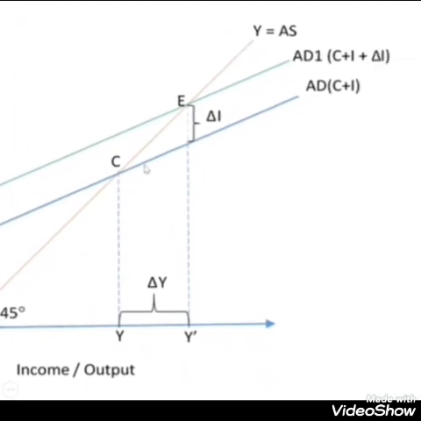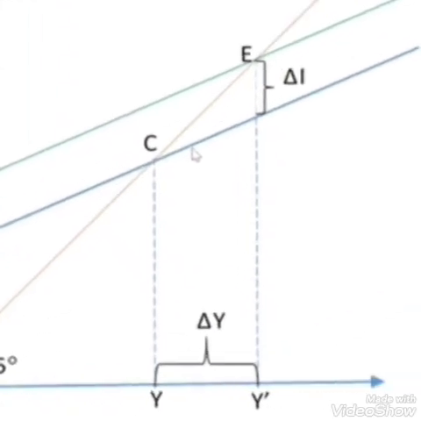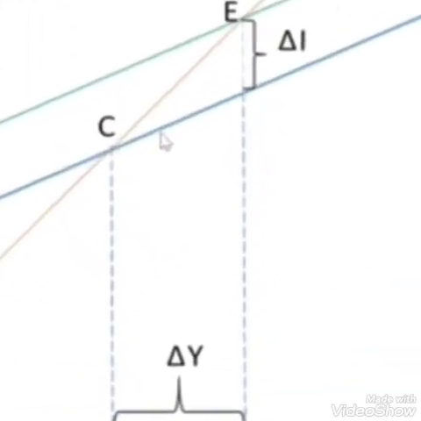Here we take the x-axis as income and output and the y-axis as aggregate demand. This line from 0 is the 45 degree line, the aggregate supply line, that means Y equal to AS.